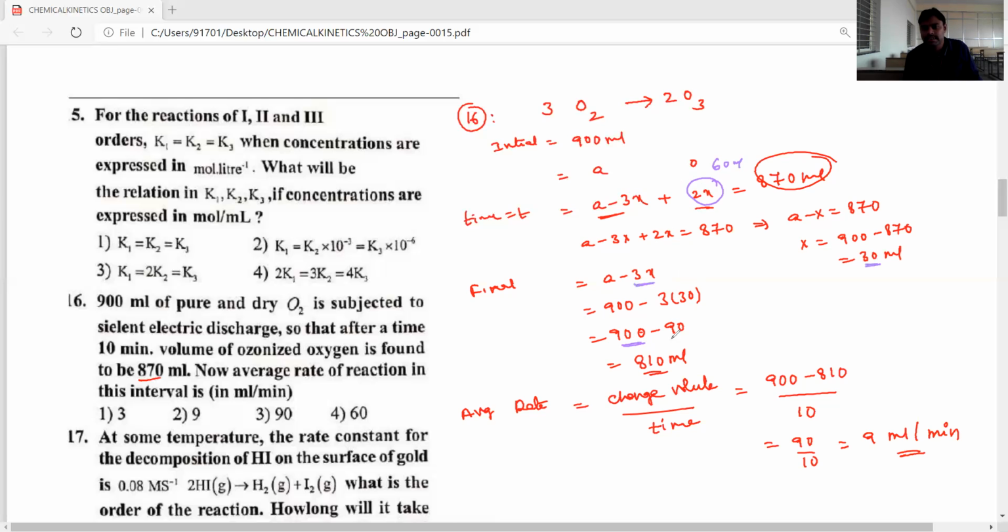Finally, 810 ml of oxygen is present. Now our average rate is the change in the volume, 900 minus 810 by 10, which is equal to 9 ml per minute. 9 ml per minute is the average rate.